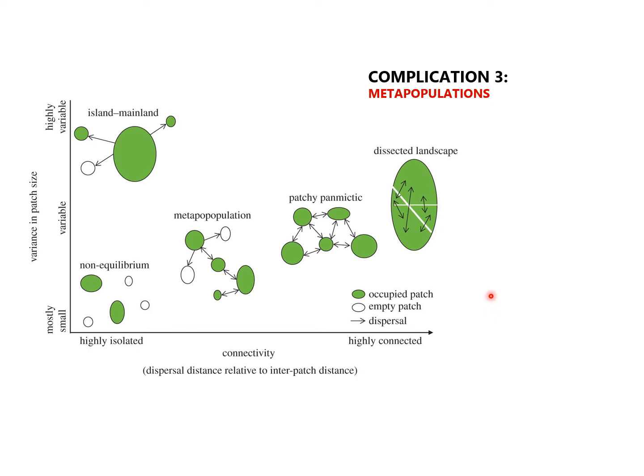And the last complication is a temporal one, where if you zoom out and start to look at these source-sink population dynamics over time, and I just want to focus on metapopulations here, these dynamics change. Sometimes a species will be located there, but then it'll go locally extinct. And then it's here, and then maybe later it goes locally extinct, and maybe it was here in the past and it's not anymore, or it wasn't in the past but it is now.